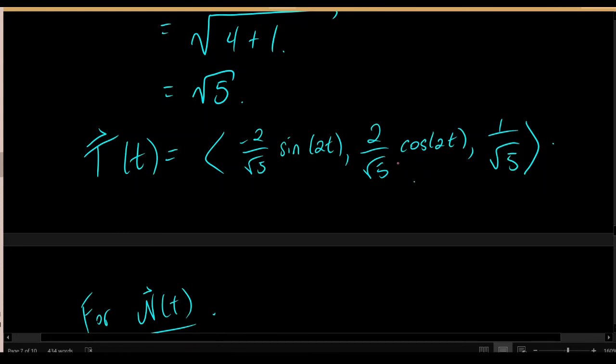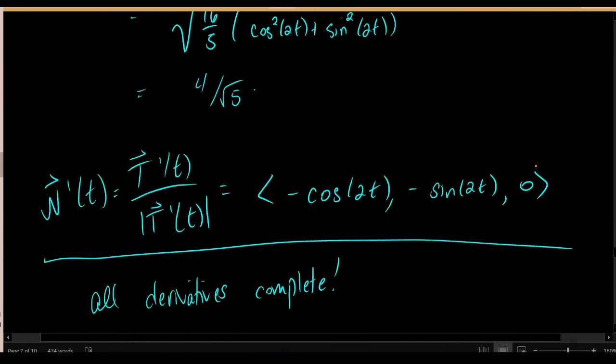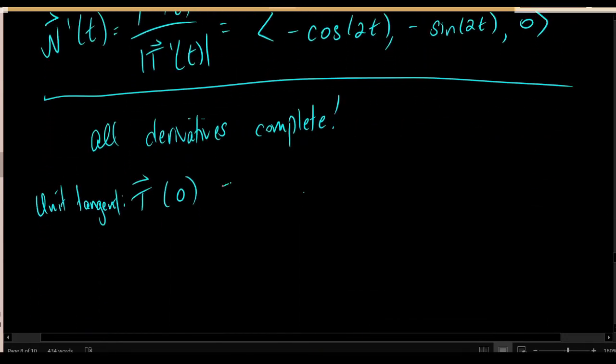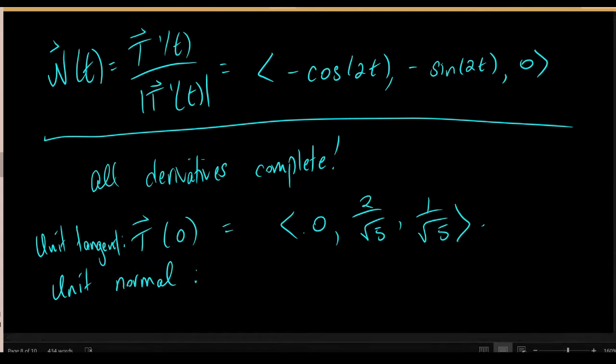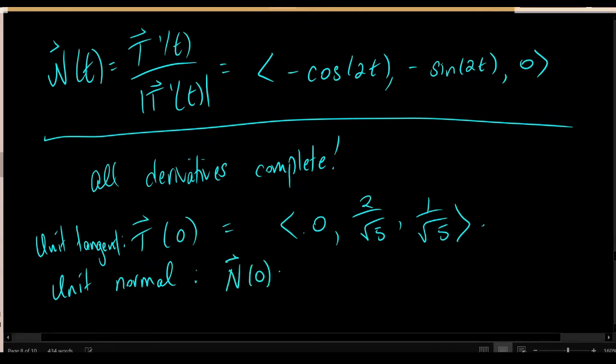So we'll have 0, 2 over root 5, and 1 over root 5. Finally, the unit normal at time t equals 0 can be found by plugging 0 into the general formula that we found above. So sine zeroes out, cosine produces 1, and we get minus 1, 0, 0.